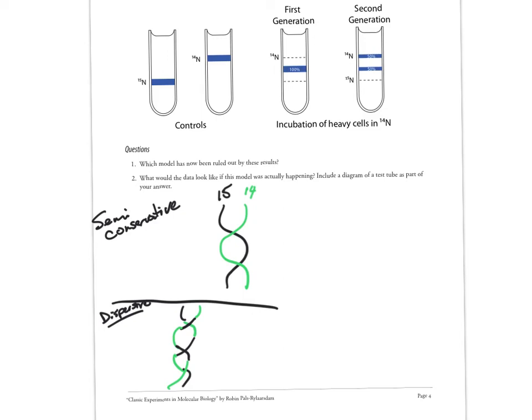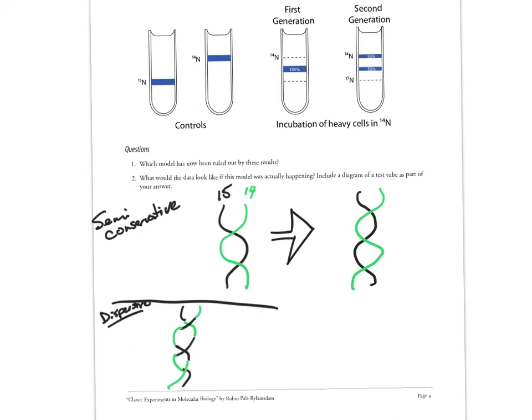But what would happen if we did replication again in nitrogen 14? We're going to have one old strand and one new strand, because this is semi-conservative. So we have one old strand and one new strand, and what we're going to get is that the 15 is going to go with a new strand.